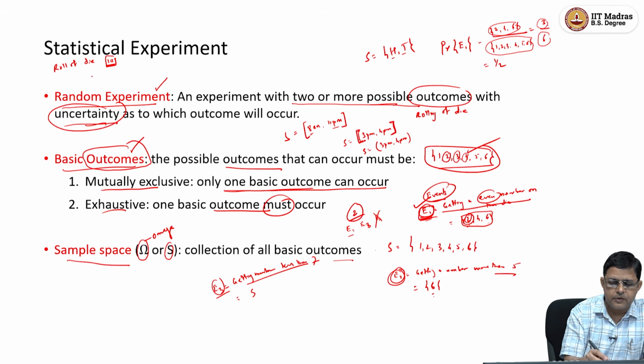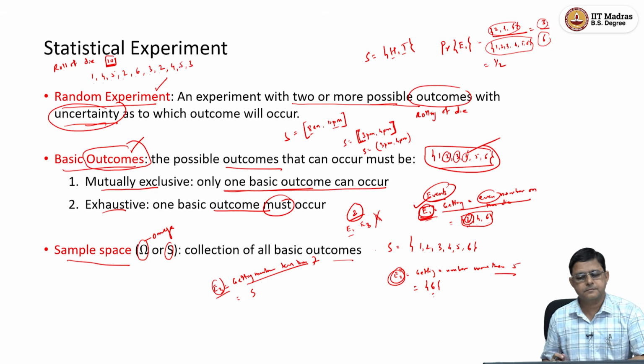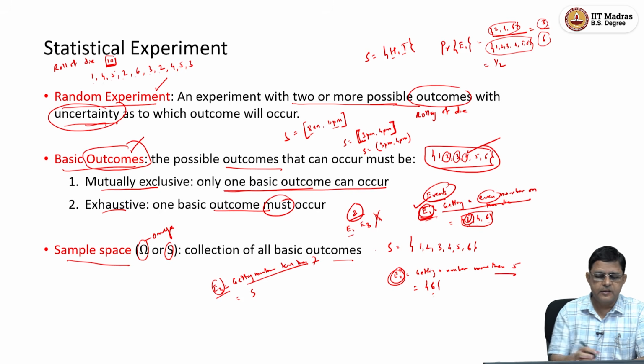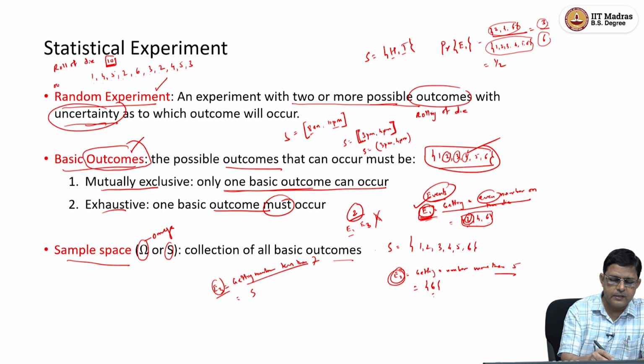Let us say the outcomes are 1, 4, 5, 2, 6, 3, 2, 4, 1, 2. These are the 10 outcomes in the 10 iterations.